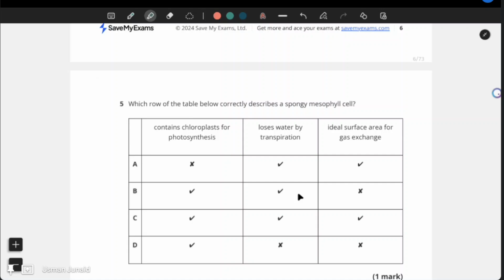Question number 5. Which row of the table below correctly describes a spongy mesophyll cell? A spongy mesophyll cell is a cell found where? It is the cell found in leaves. Okay, so what kind of structures would be in a cell that is in leaves?